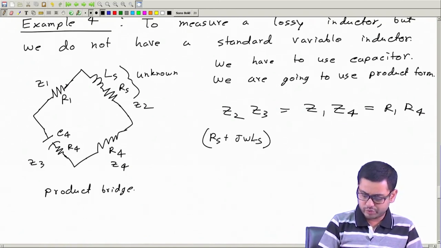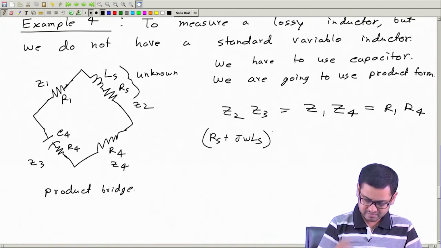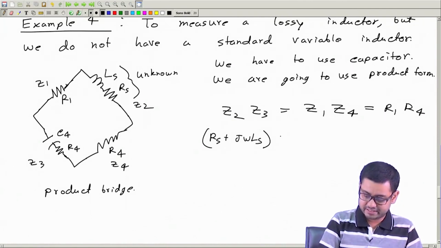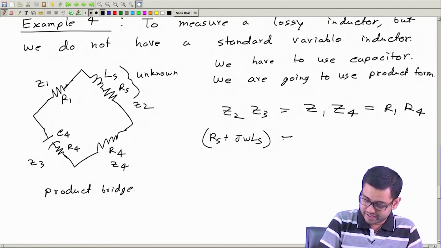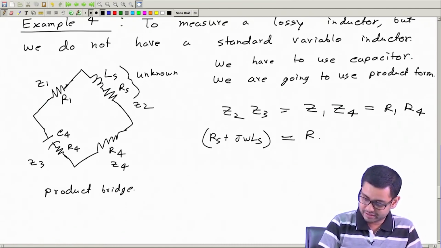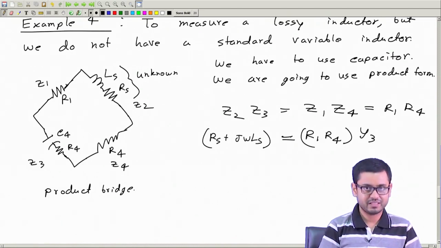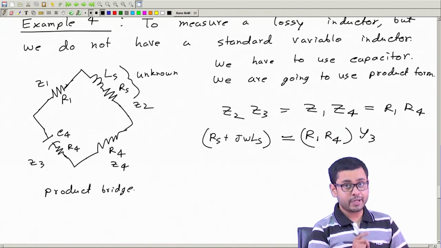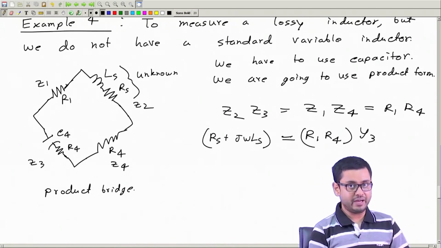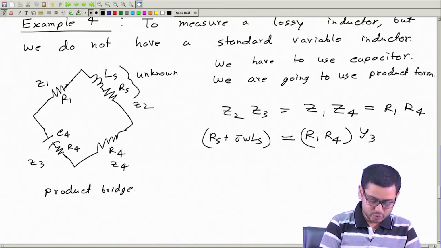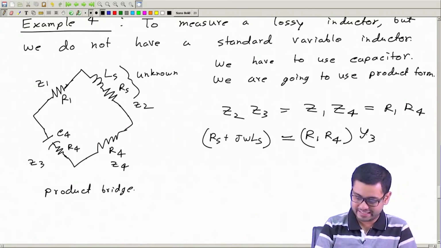I may do it in this way, but another point I will mention is that it will be easier if I write it this way, multiplied by Y3. Y3 is 1 over Z3, the admittance of this branch. Now we have seen that admittance is easy to calculate if the elements are in parallel. But if these two are in series, it is difficult to find the admittance.